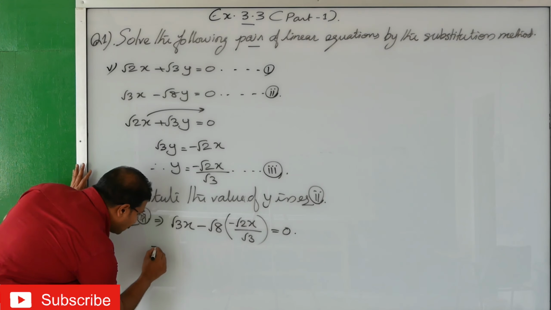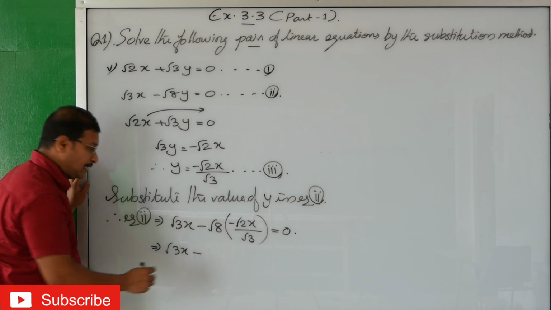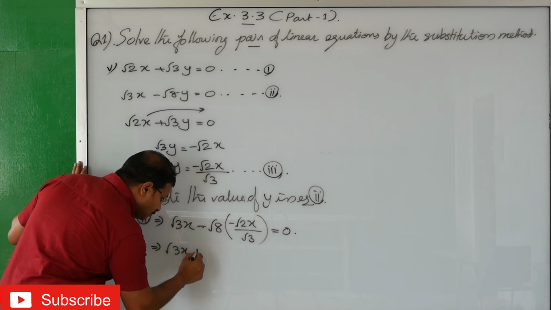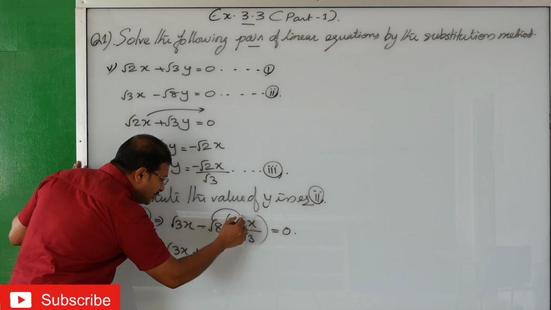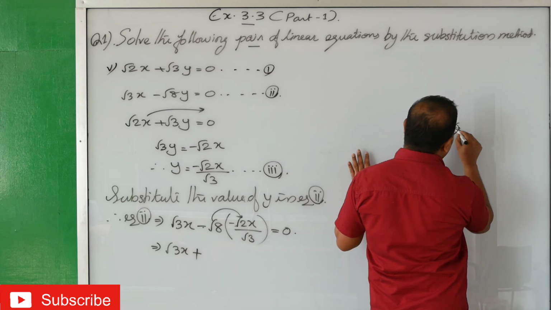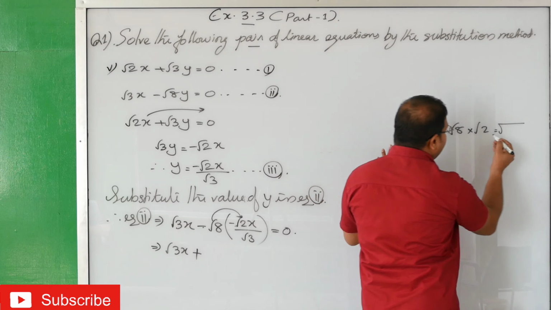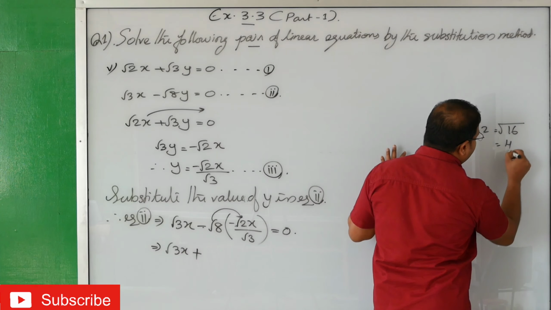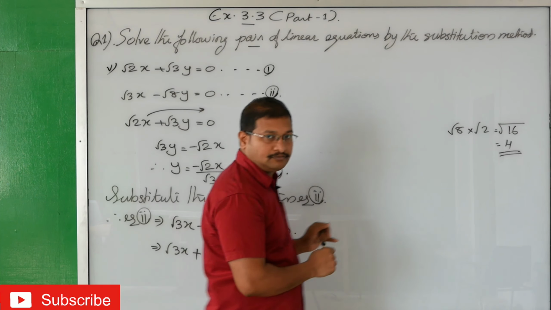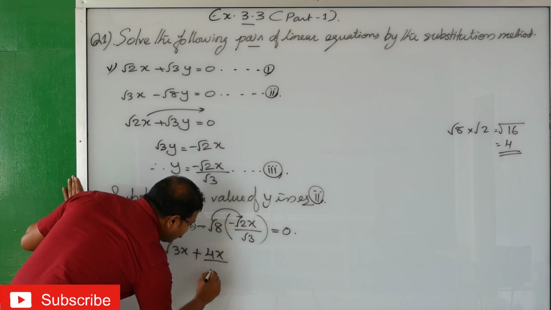Ready? This implies root 3x minus, see, minus into minus, plus root 8 into root 2, we can take root 2 as common. After that, 8 2s are 16. That means what you will get? 4.